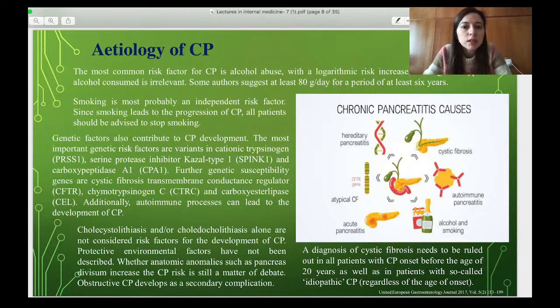Further genetic susceptibility genes are the cystic fibrosis transmembrane conductance regulator, chymotrypsinogen C, and carboxyl ester lipase, and additionally autoimmune processes can lead to the development of pancreatitis.